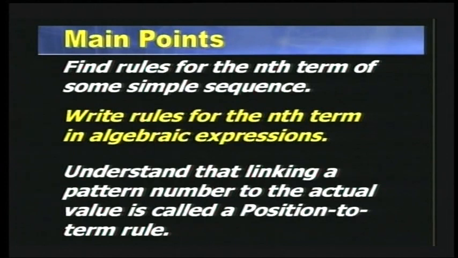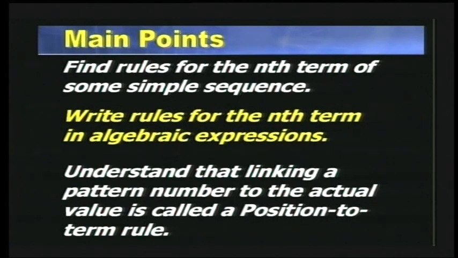And also in today's lesson, you'll be writing rules for the nth term in algebraic expressions. You'll be using letters and numbers to write rules. Also, you'll be trying to understand that linking a pattern number to the actual value has a name, and it is called the position to term rule.